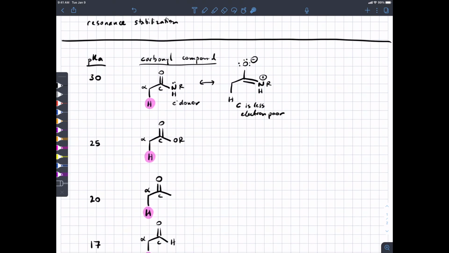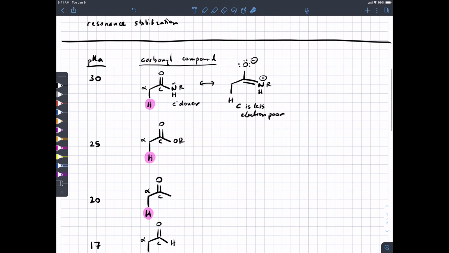So the fact that the amide nitrogen is already donating into the carbonyl makes it, and I'm going to draw the conjugate base here, makes it less favorable to have a negative charge on that alpha carbon.